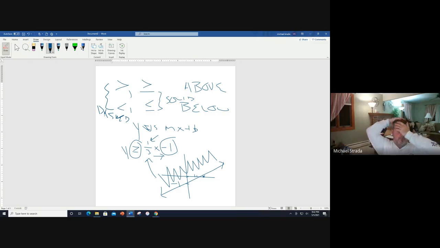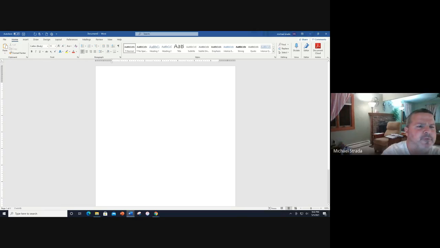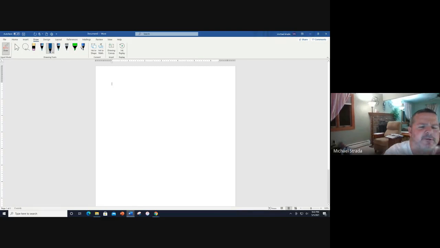I will look through those modules and see if there's anything else. The one thing I would talk about is if instead of a solid line, it's a dashed line and it's not solved for y. So let's say we have 2x minus 4y is less than 12.